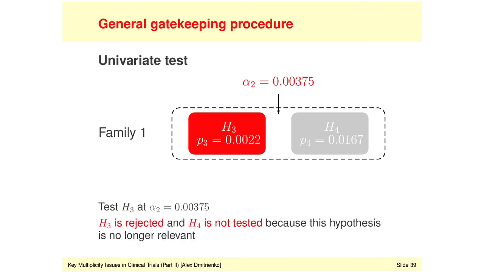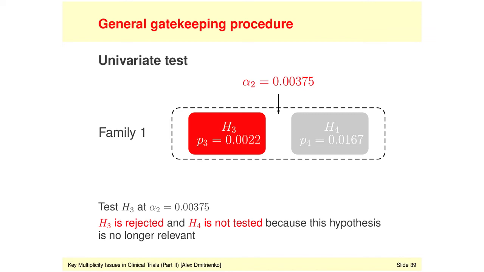Now continuing to the secondary family, or family 2, we will get to carry out a univariate test. And that is due to the fact that we pre-specify a set of clinically relevant logical restrictions that remove the hypothesis H4 from consideration because H2 was not rejected in the first step of this procedure, and therefore the available alpha level of 0.00375 will be applied in a univariate testing manner to the only testable hypothesis in this secondary family.